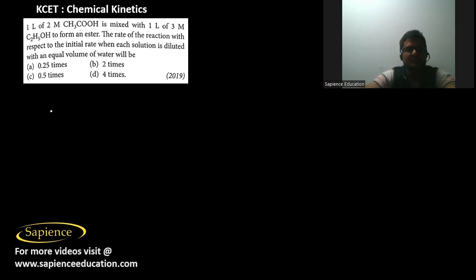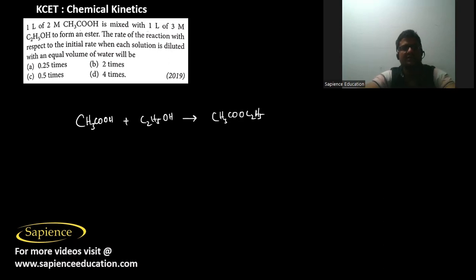Then it is told 1 liter of 2 molar CH3COOH is mixed with 1 liter of 3 molar C2H5OH to form an ester. Here the ester formed is CH3COOC2H5. So now the rate of the reaction with respect to the initial rate, when each solution is diluted with an equal volume of water, will be?